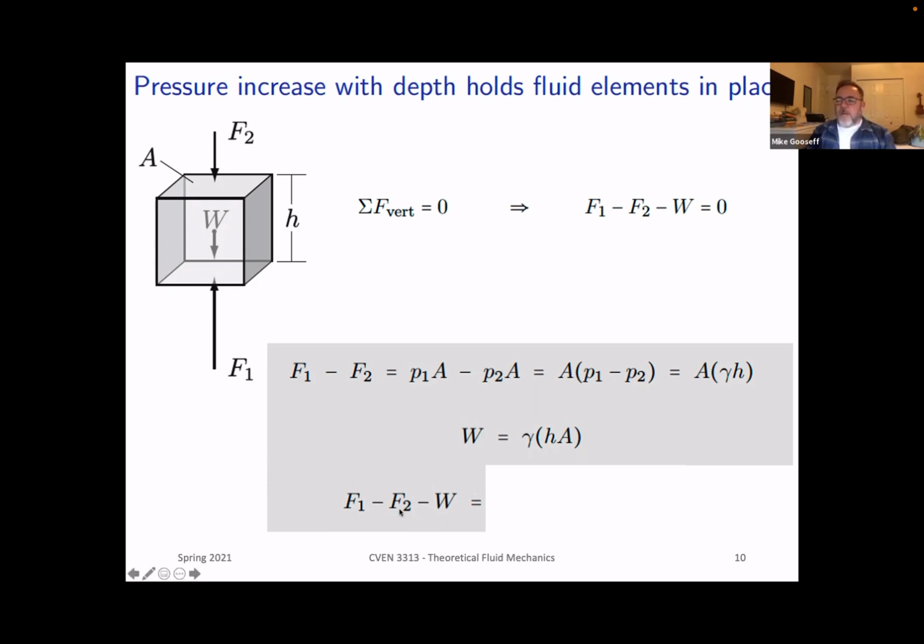So F1 minus F2 minus W, where F1 is acting upwards and W and F2 are acting downwards, is equal to A times gamma H, which is this term coming in, minus gamma times H times A.